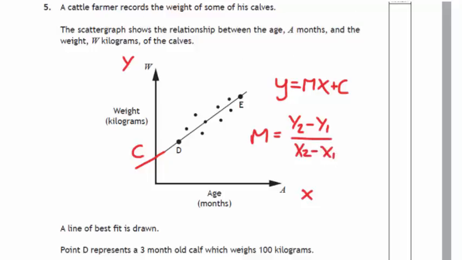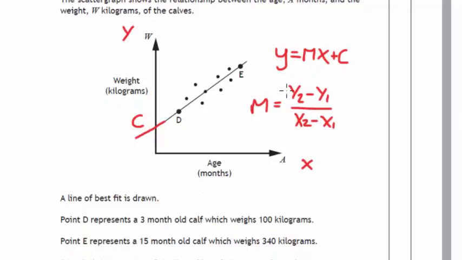Now, you've already got some of this information. You've certainly got the information to make the gradient, because you've got 2 points on the line. As soon as you've got 2 points on the line, you can work out the gradient using this formula. So we'll call this point x1, y1, and that is equal to 3 and 100.